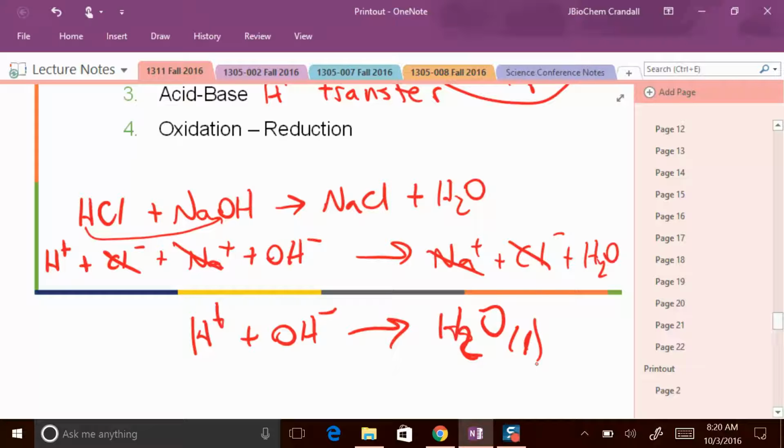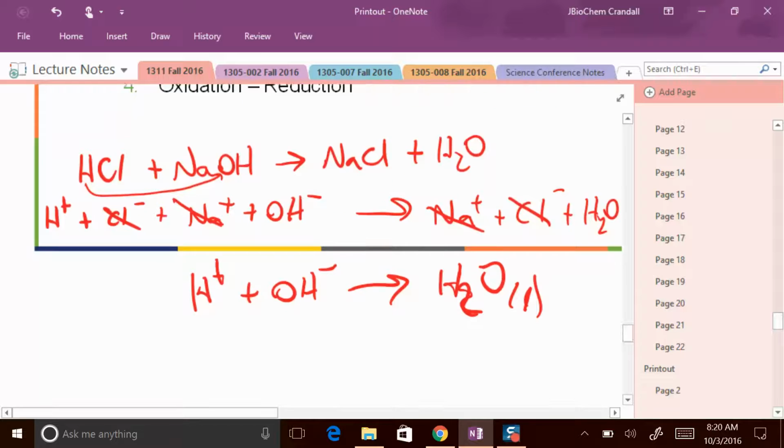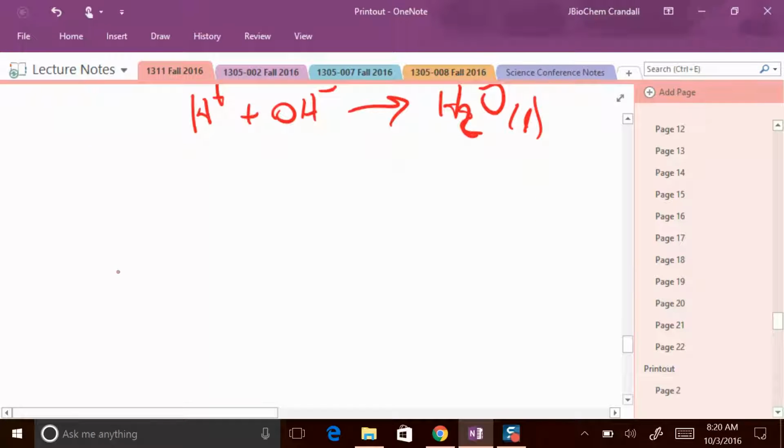Okay? Now, oxidation reduction, instead of being the transfer of hydrogen, now actually, if you think about what H+ is for a minute, hydrogen has a single proton in its nucleus, right? How many energy levels does it have around it, with how many electrons in it?